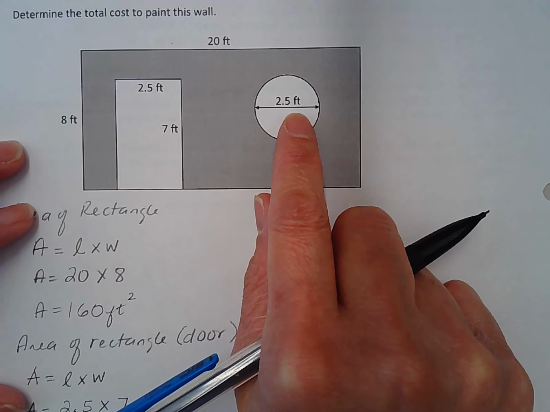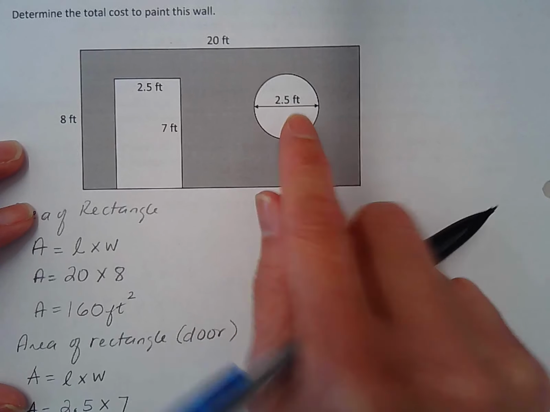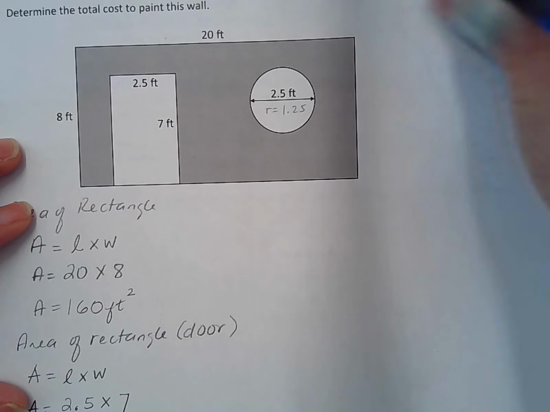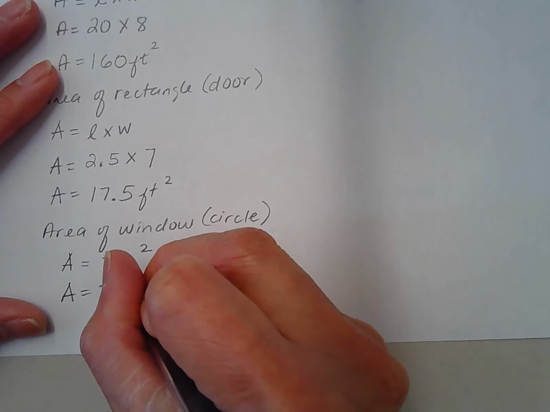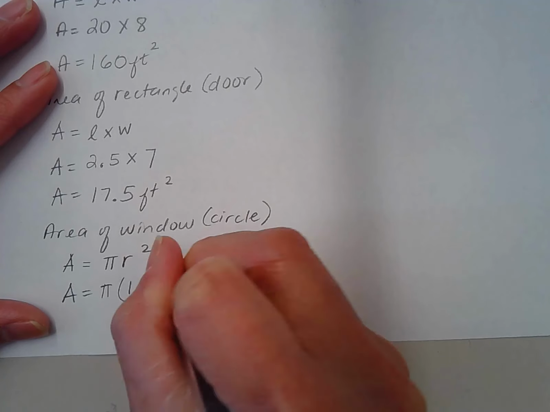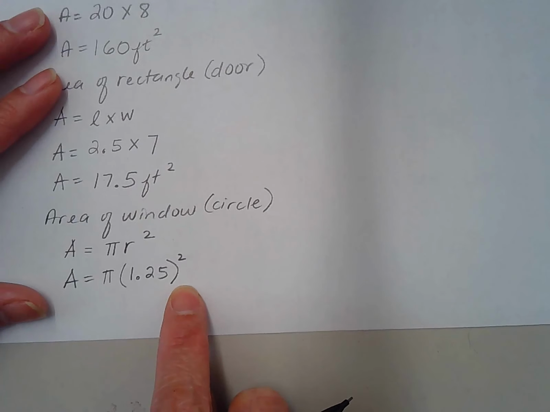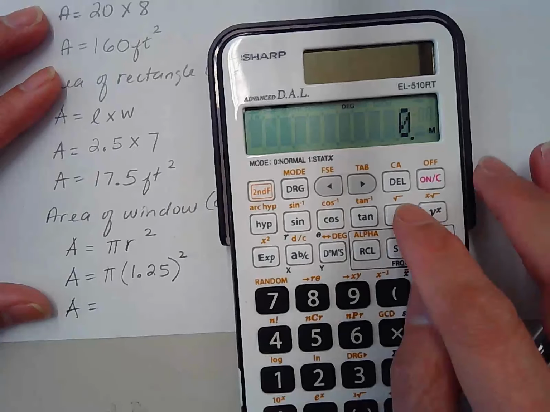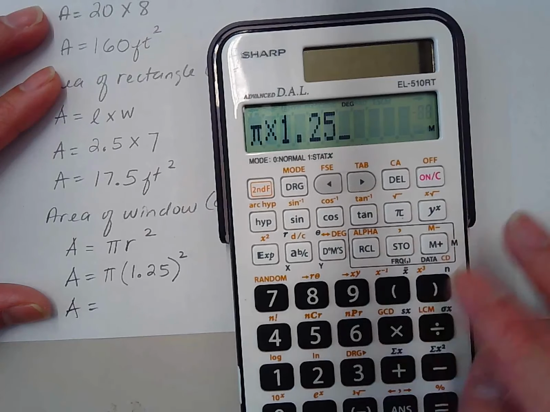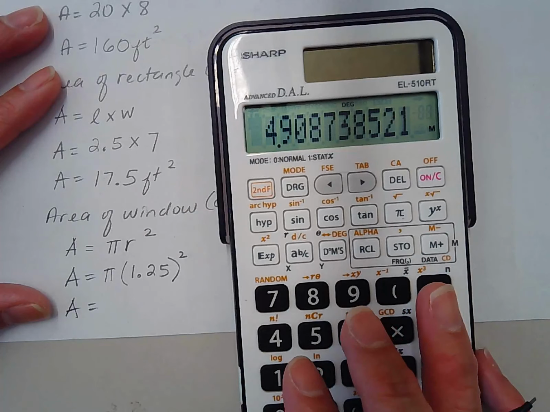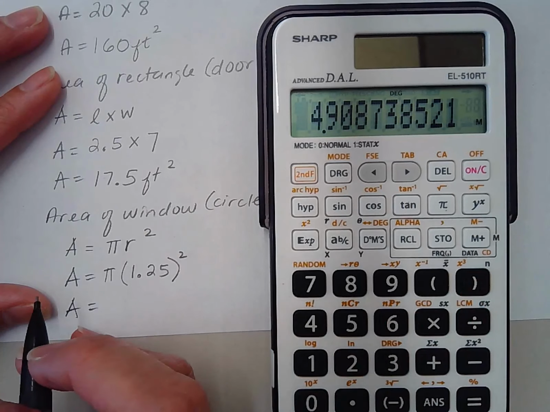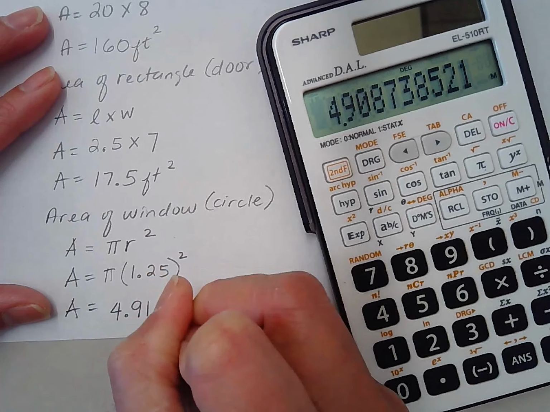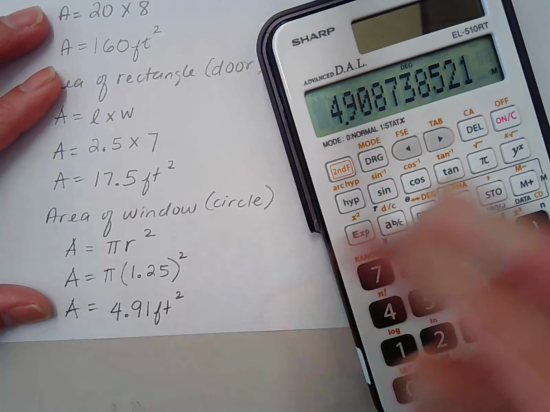We have to divide 2.5 by 2, right? So the radius is 1.25. Yes, correct. So it would be 1.25 squared. You have to remember to square there. Let's go ahead and calculate that one. I got 4.91, and that's also feet square.